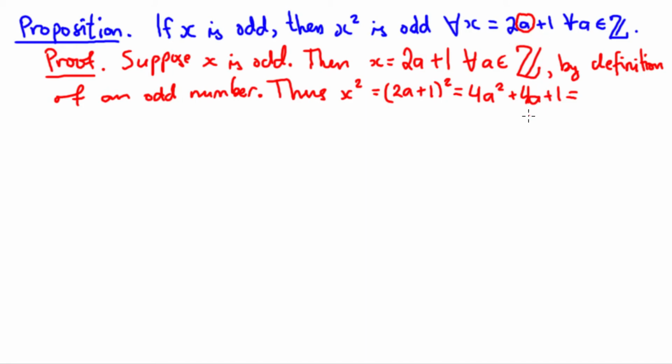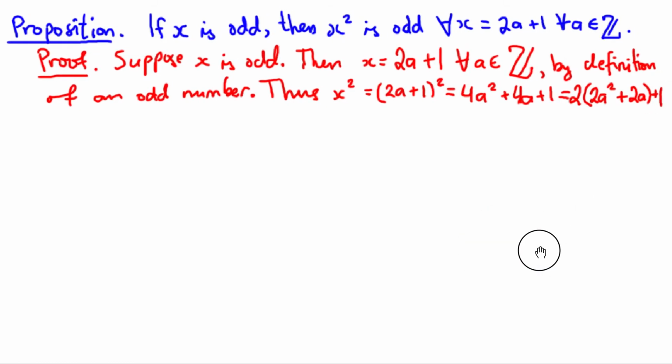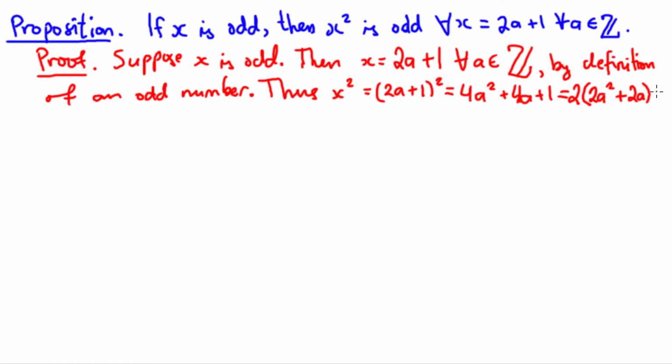So we can get the 2 out. What will happen is that we have 2 times the quantity 2a squared plus 2a, close quantity, plus 1. It fits.